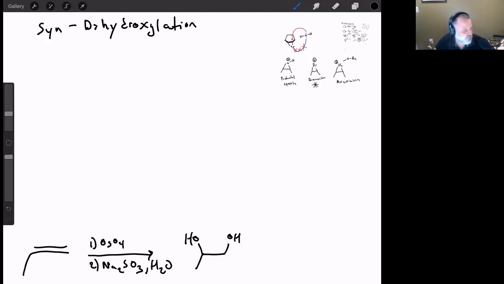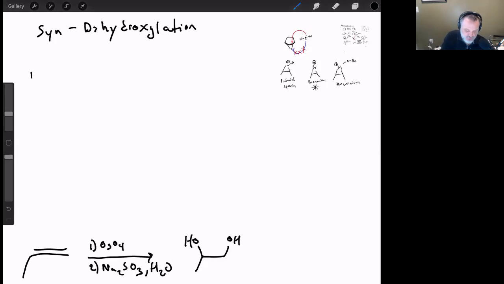Because if I have something where there's only one stereocenter, or no stereocenters are formed, then you don't really have to worry about that particular product. But at the end of the day, this is syn dihydroxylation. And so we have to think about what would happen if it were on a ring where that actually is important.